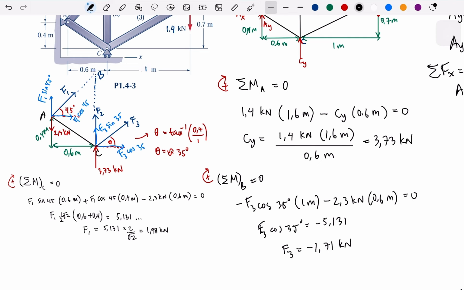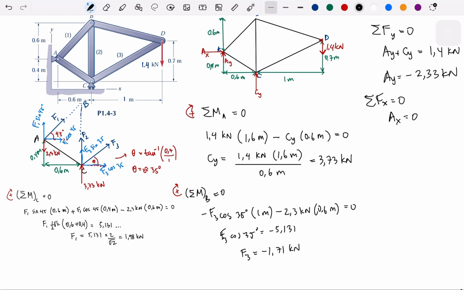And then we can get the F2 from the sigma F vertically equals 0.